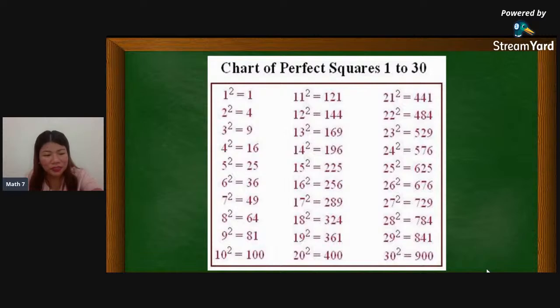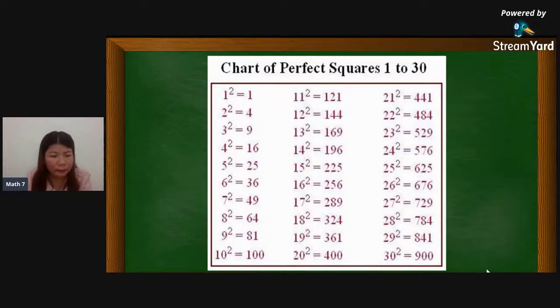Type done kapag tapos na. 16 square, 256.